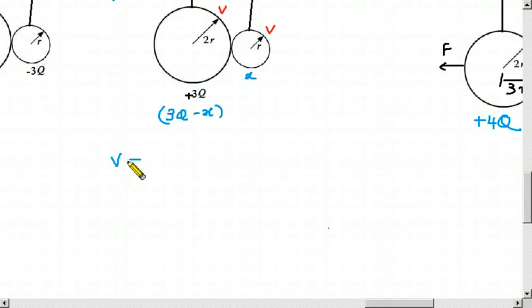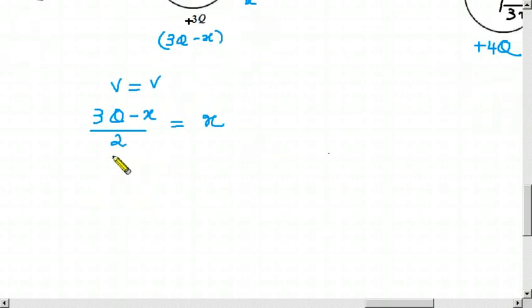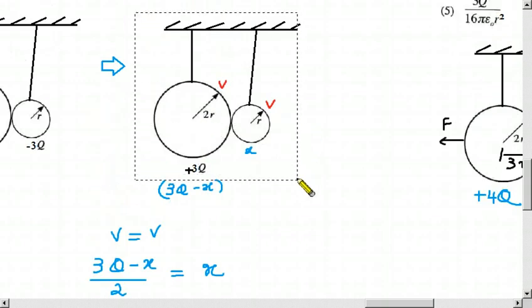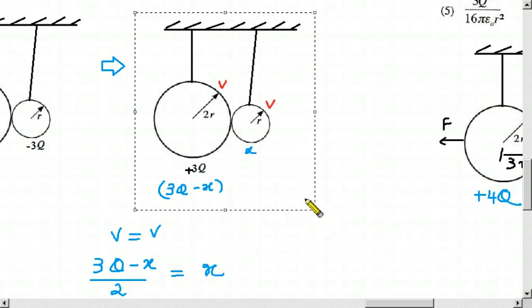So V equals V, then 3q minus x divided by 2, the radius is 2, equals x divided by radius, which is 1. Then 3q equals 3x, then x equals q. Then that means we can now draw like this.